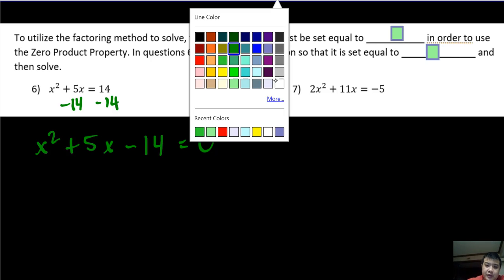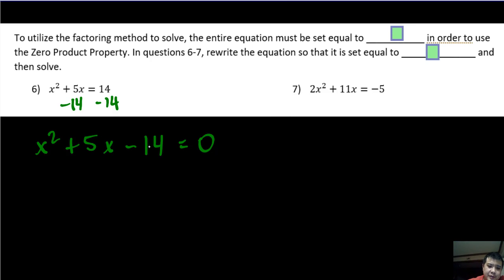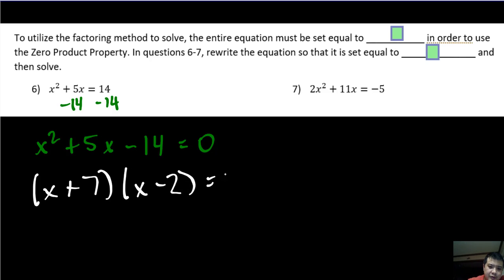Then we do what we usually do. I'm going to factor this, so two numbers that multiply to negative 14 and add up to 5. And that would be (x + 7)(x - 2) = 0, which means that x equals negative 7 and x equals 2. Go ahead and try number 7 out on your own.